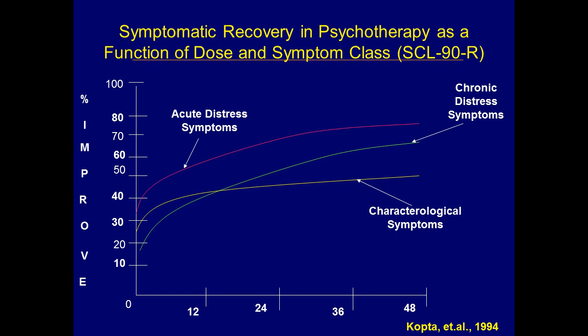What you see is that, first of all, improvement is much more dramatic in the beginning of psychotherapy and levels off pretty dramatically, particularly with characterologic symptoms, as time progresses.